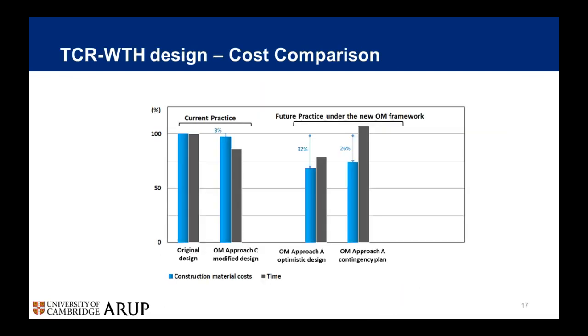So it's quite obvious if we are able to use ab initio approach A from the new observational method framework, the cost saving in the construction materials will be maximized.